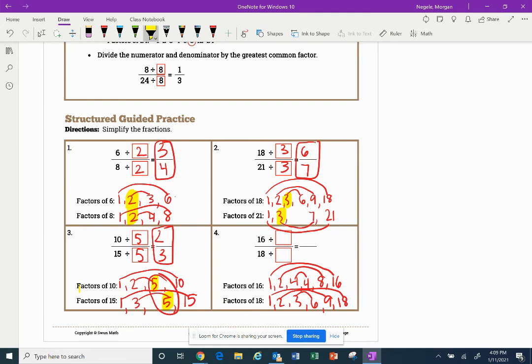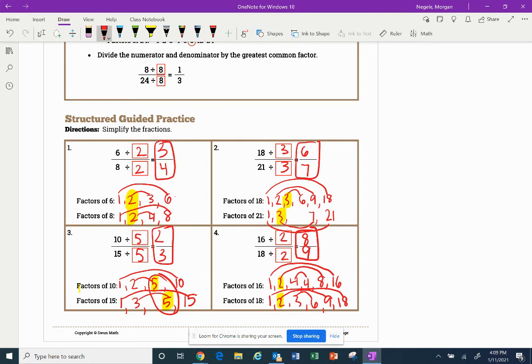Well, I noticed that 2 is a factor of 16, and 2 is also a factor of 18. So I'm going to go up here and write the same number in both boxes. 16 divided by 2 is 8. 18 divided by 2 is 9. So 16 over 18 reduces to 8 over 9. That is the simplest form.